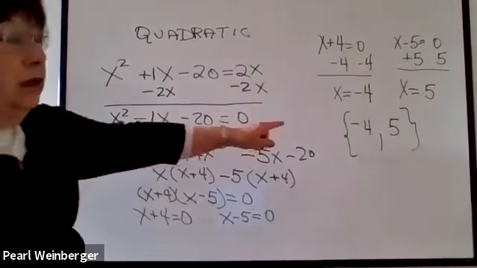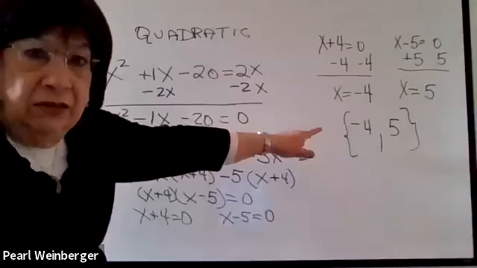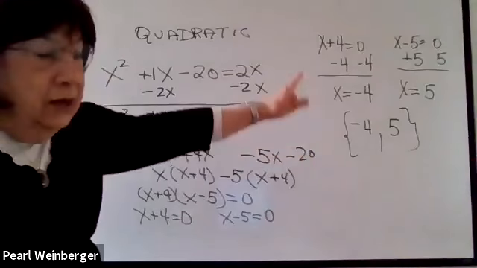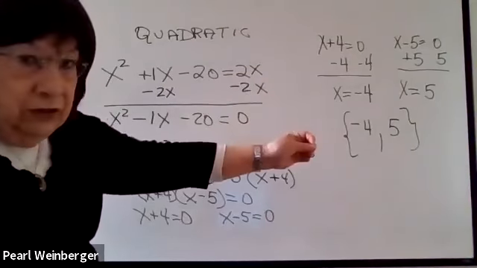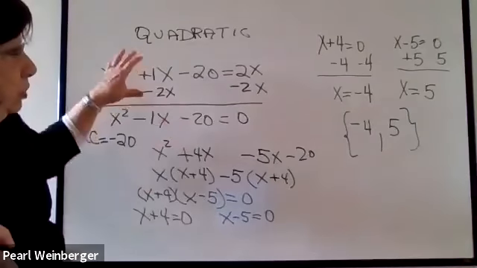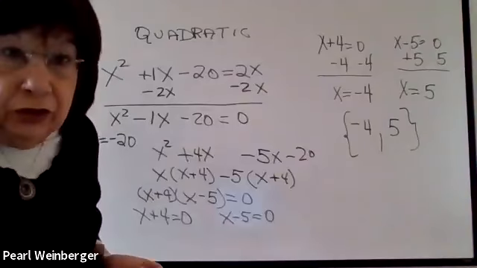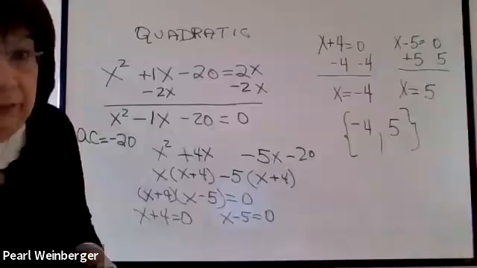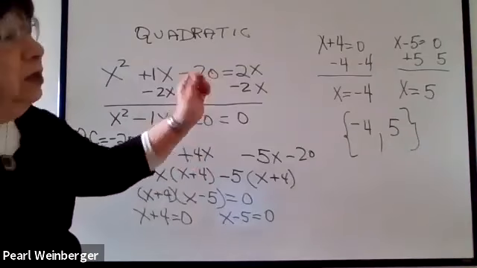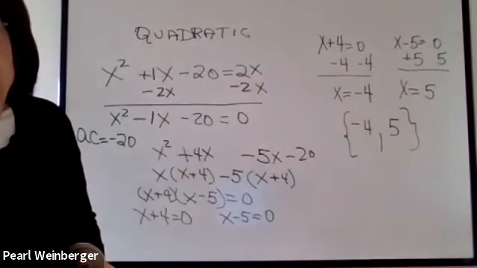Okay, so I'll repeat what I said before. The answers are -4 and +5. And I'm guaranteeing you, if they gave a question like this on the midterm, and there will be a question similar to this on the midterm, one of the answers they're going to give you is +4 and -5.